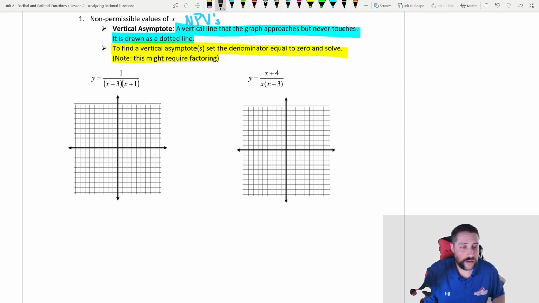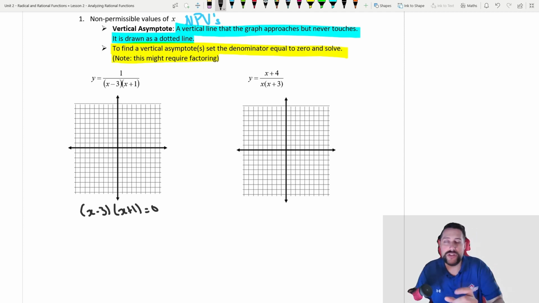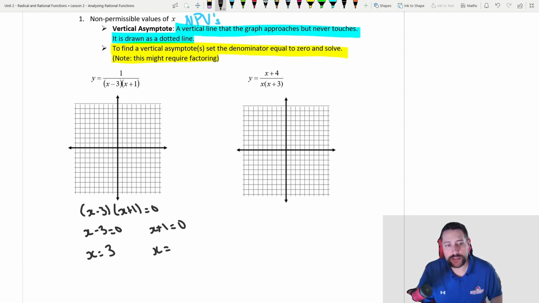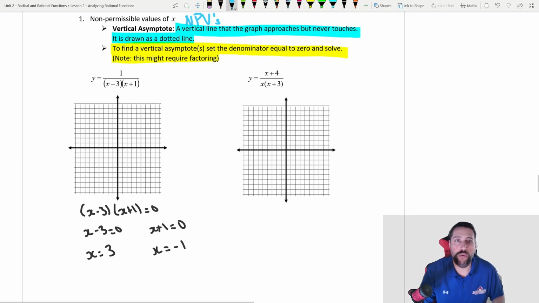We set x minus 3, x plus 1 equal to 0 to find them. That means x minus 3 is equal to 0, and x plus 1 is also equal to 0. That means we have a vertical asymptote at x is equal to 3, and a vertical asymptote at x is equal to negative 1. So we can go ahead and graph them.